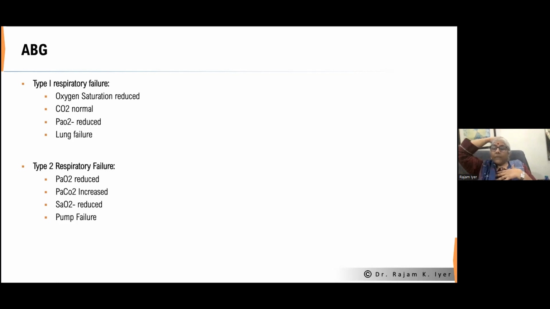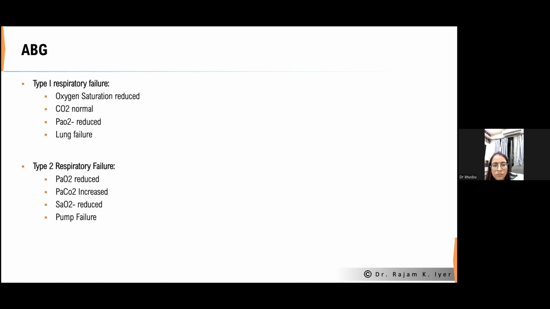So the brain is not sending impulses. And even if the brain is sending, the neuromuscular is not acting. So a lot of the connection from the brain to the lung is affected. So neuromuscular conditions, myasthenia, Duchenne's, MNDs, those are the conditions which will give rise to type 2 respiratory failure.